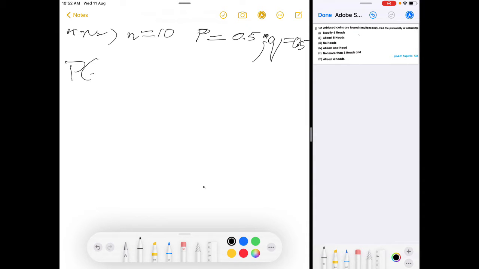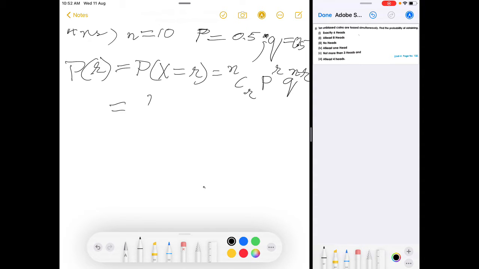Probability of any event occurring r number of times is P(X = r), which is equal to nCr p to the power r and q to the power n minus r, where nCr is n factorial divided by n minus r factorial multiplied by r factorial.